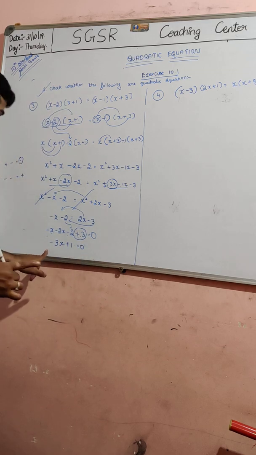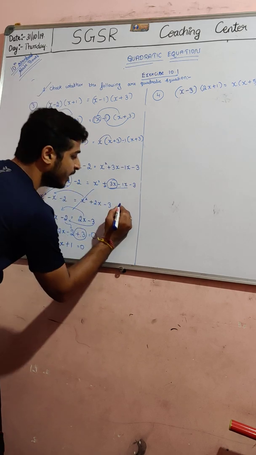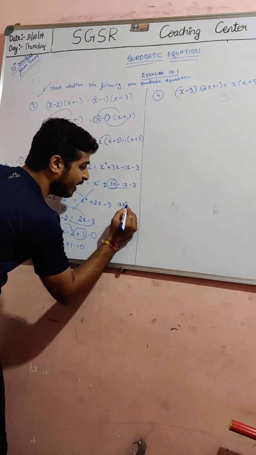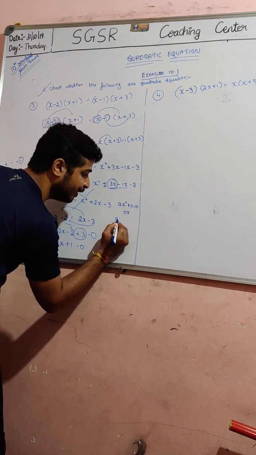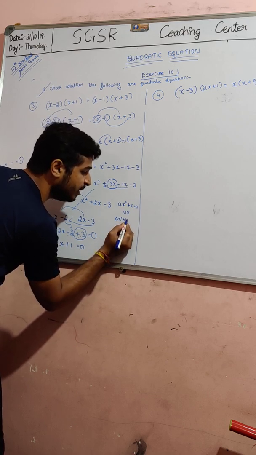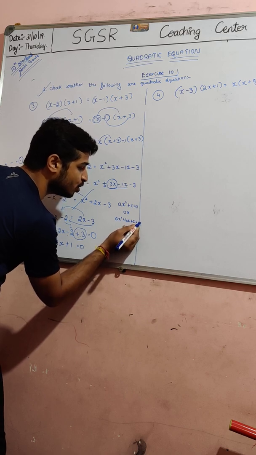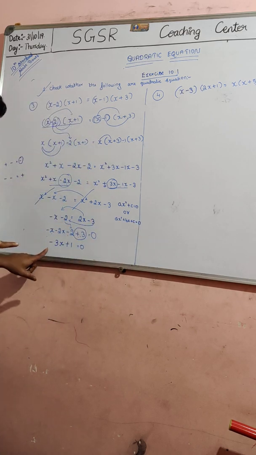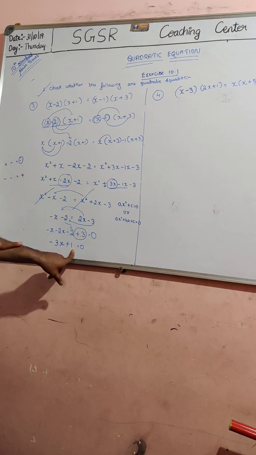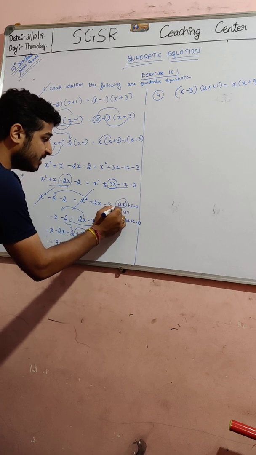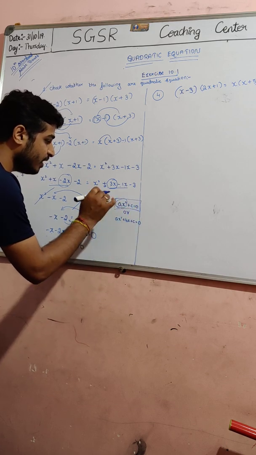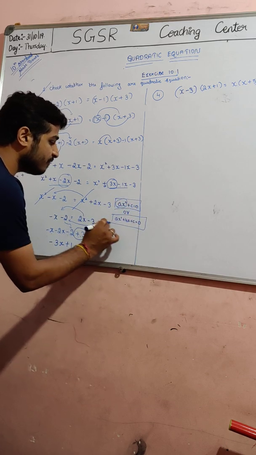Now a quadratic equation should be in the form of ax square plus c is equal to 0, or ax square plus bx plus c is equal to 0. Now this consists of x variable and constant. It does not consist of either of these forms.